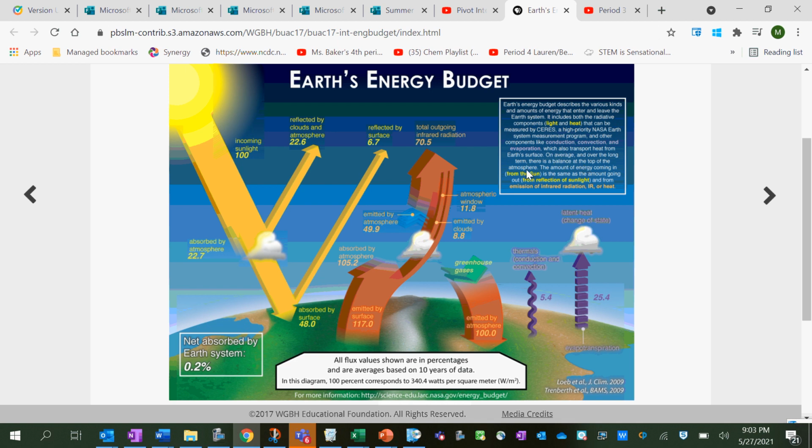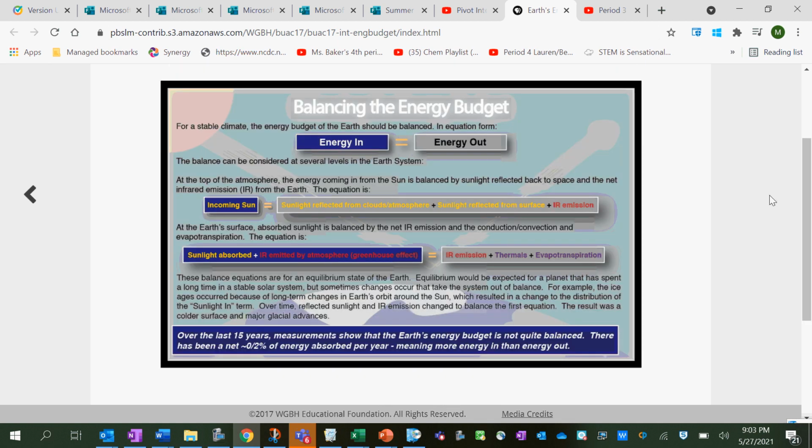On average and over the long term, there is a balance at the top of the atmosphere. The amount of energy coming in from the sun is the same amount going out, from emission of infrared radiation, IR, or heat. Okay, except lately, it's not balanced. So this was in 2009, and they were already measuring that Earth's energy budget was not balanced. So that's kind of the takeaway from this.